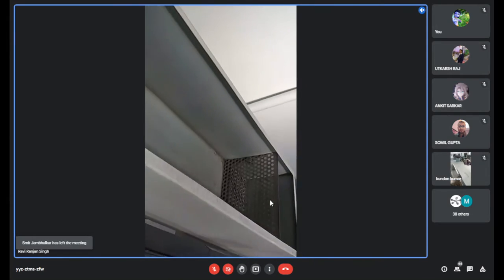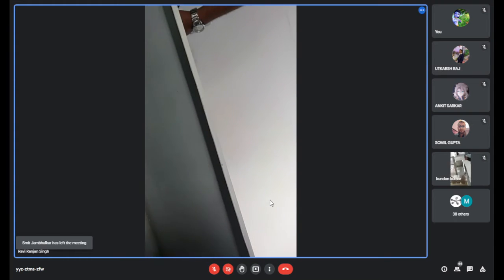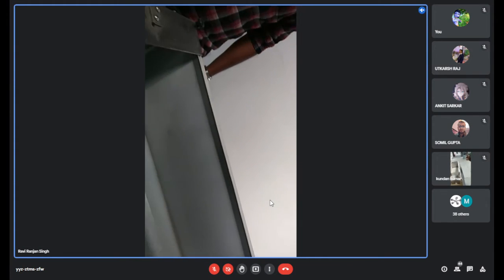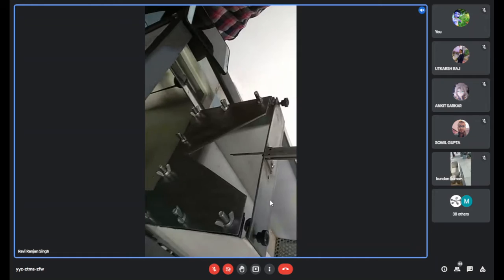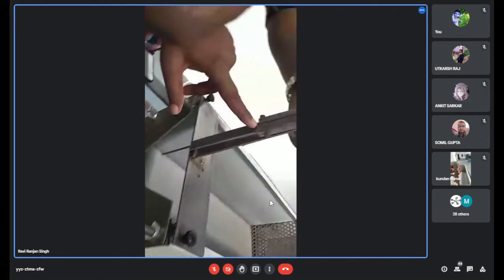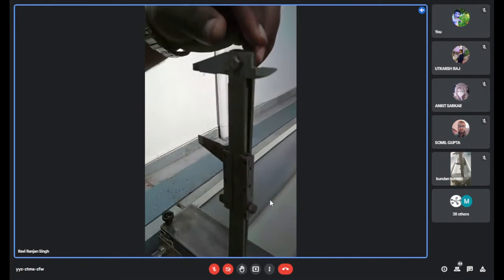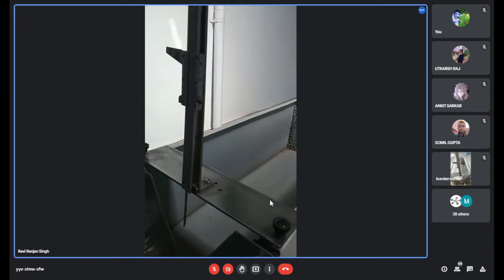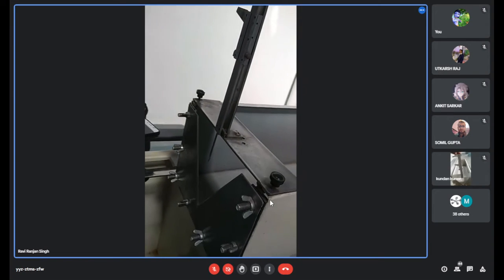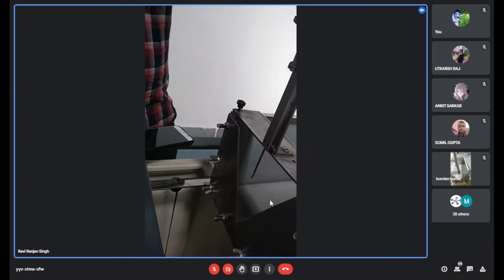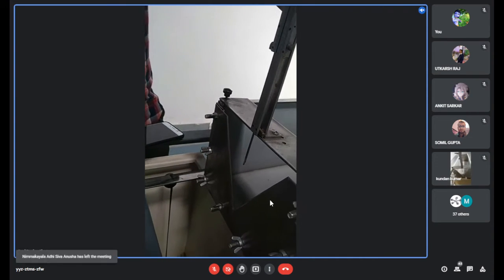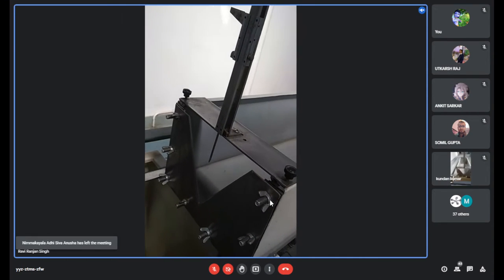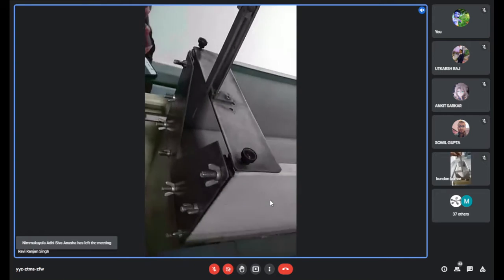This is the tank where we will fill the water and let the flow come through the notches. And this is the vernier caliper by which we will measure the height of the water. It means if the water height is more, the flow is more, and this is due to gravity. We all know about that.